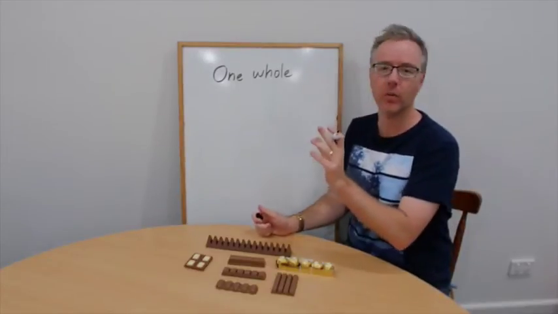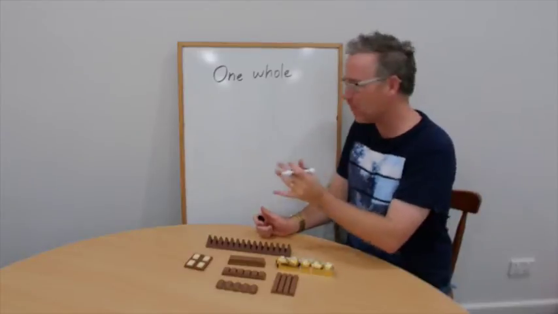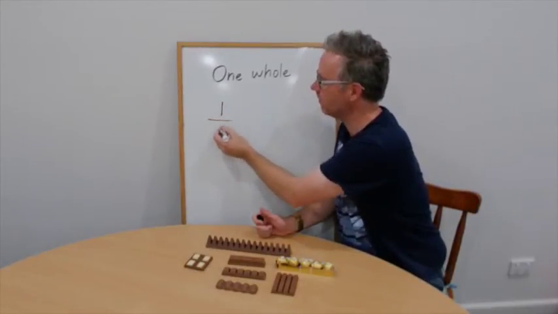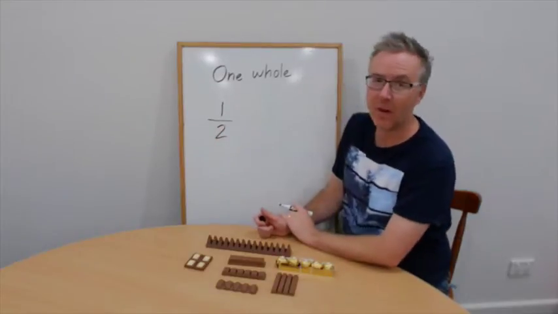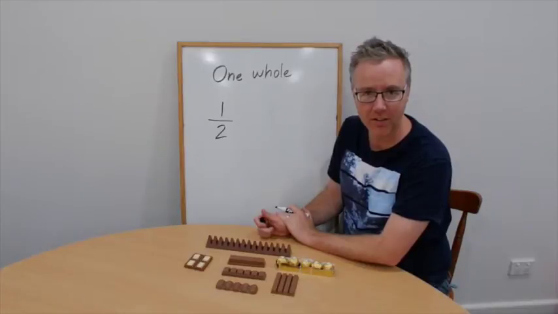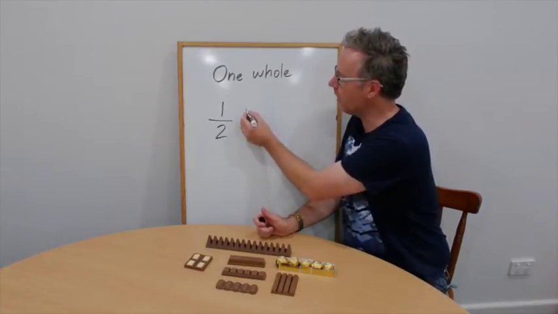To understand fractions, we need to understand there's a top number and a bottom number. For example, here we have a fraction, and we probably know that that means half. Okay? Now this top number is called the numerator.